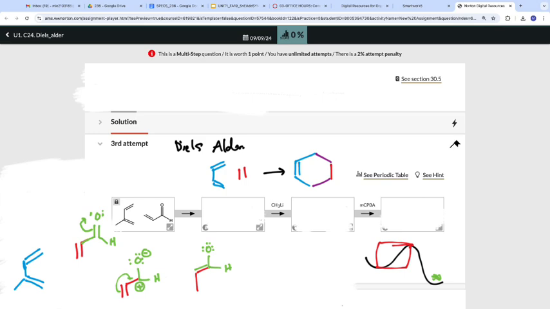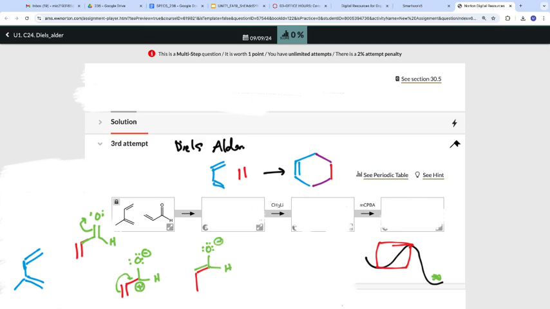What else? You're making a funny face. Why? What do you mean? Okay, never mind. You have to write down the charges, I suppose. We moved those electrons, but we didn't address the charges. The oxygen should be negatively charged, right?